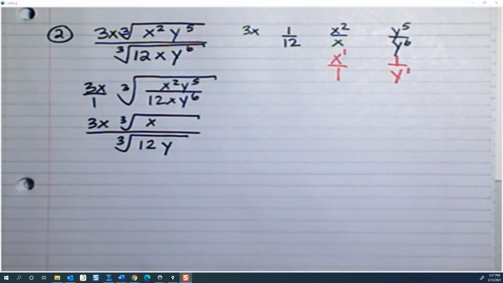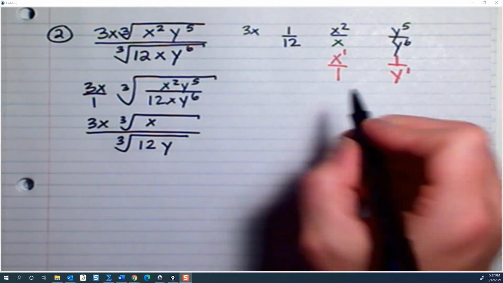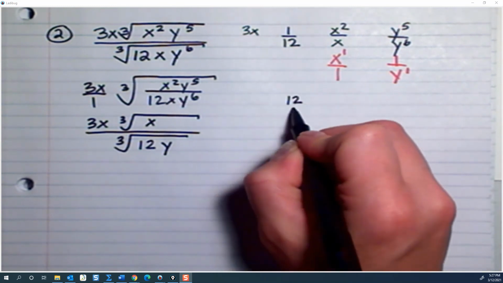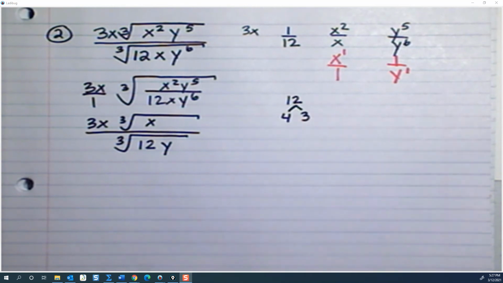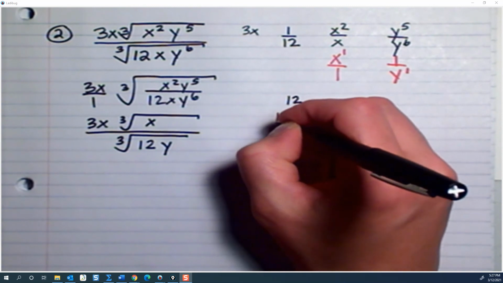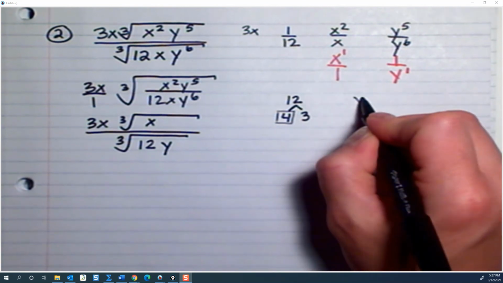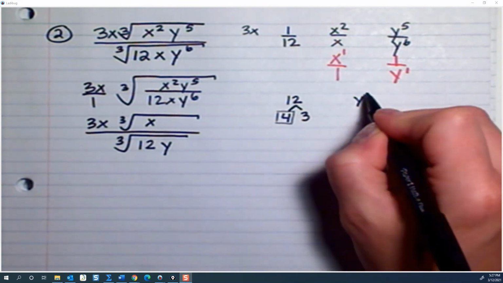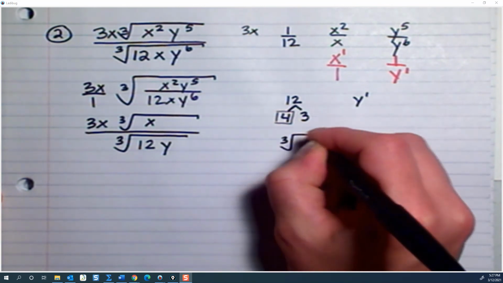That's it. Do I have any perfect cube roots? So I'm looking at 12, and it's a perfect square and a 3, and that's all I've got. Okay, so I'm going to just put a little square around my 4 here just to remember that's a perfect square. Okay, and I have a y. I actually have a y to the 1st, and I need to figure out, okay, here's my scratch work.